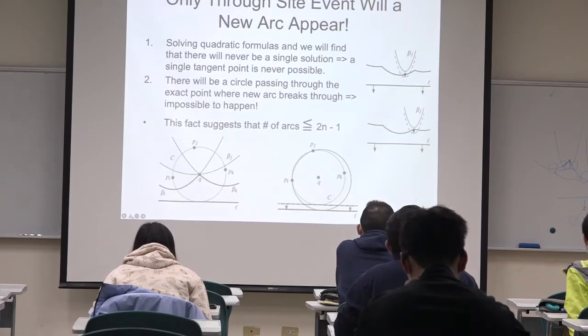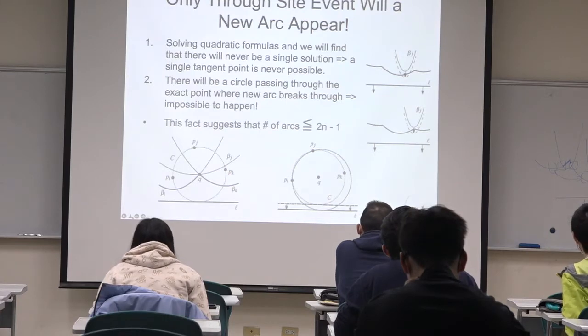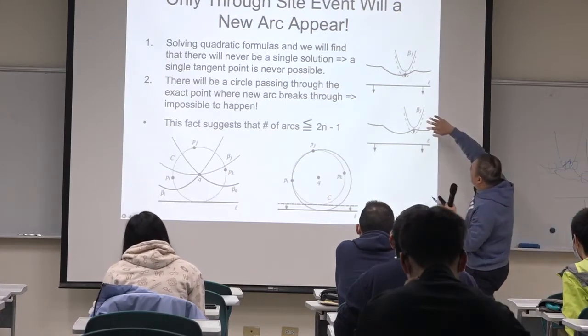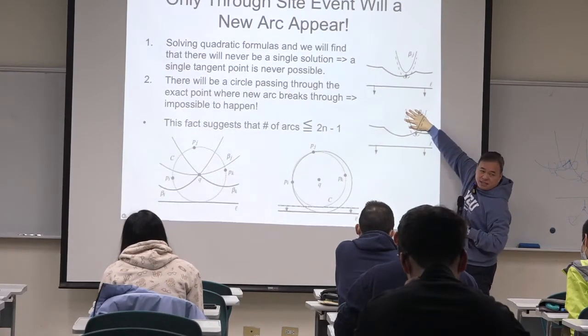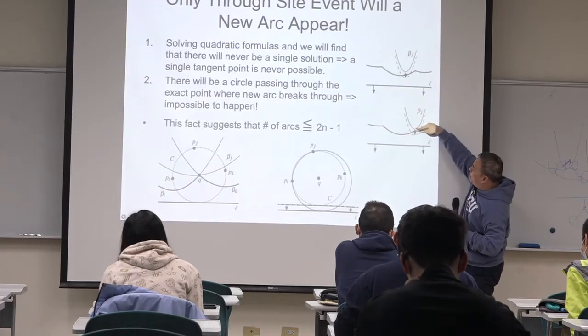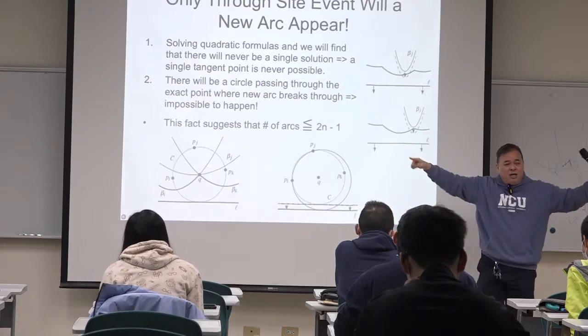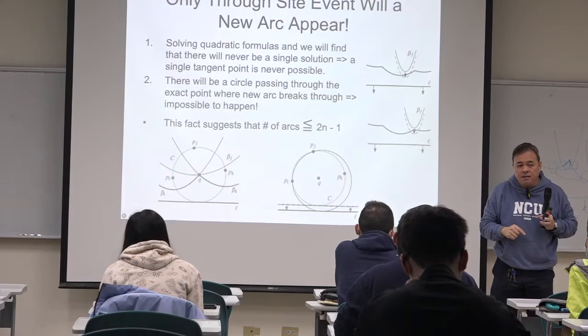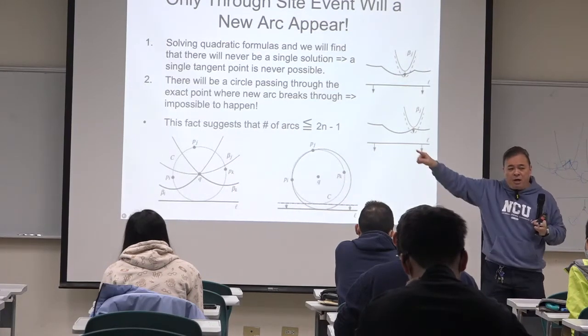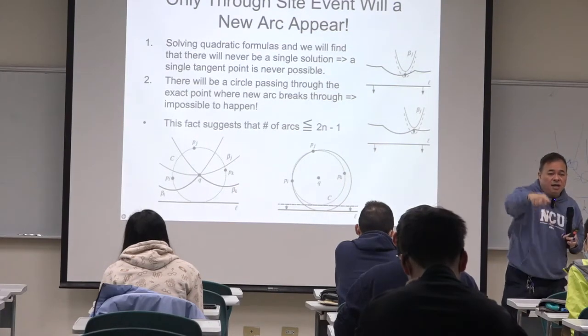Why are the edges like that? Even like this, no. Let's now look at this one. Before this one breaks in, you only have two parabolas. How can you have two parabolas come up with two edges? The join of two parabolas can only have one line.